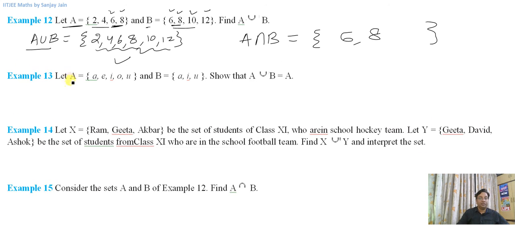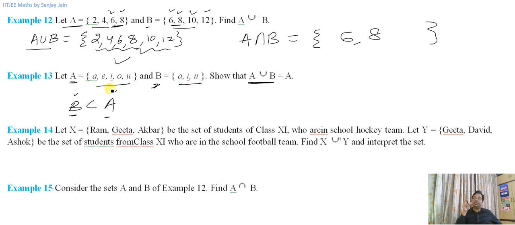Okay, now in this, set A is this, set B is this. We need to show that A union B is A itself. So obviously set B, if you can notice, is a subset of A, right? So I want to write the union, so I'll write all the elements of B and A, right?